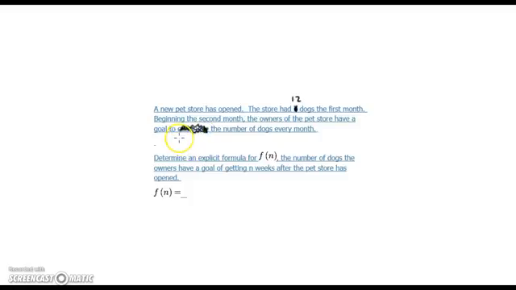Let's say that we want to have 18 times as many. So 18 times the number of dogs every month. Well, in this particular scenario, again, I want to figure out what my first term is, and then what is my rate, and then I raise it to the n minus 1 power.